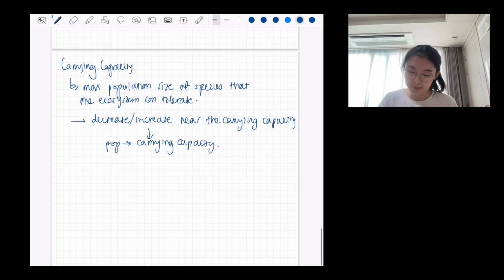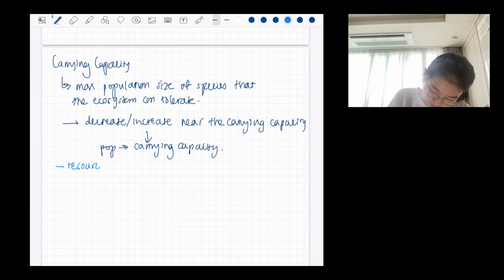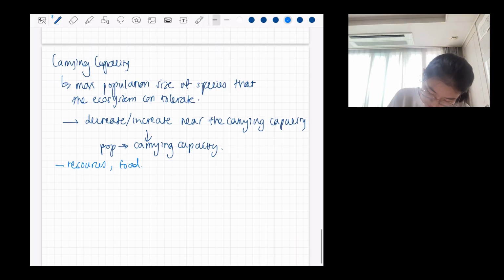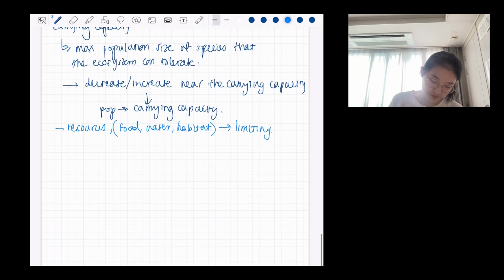And usually the carrying capacity is reached when the resources in the environment, resources such as food, water, habitat, are all used to their maximum, and these resources become quite limiting. That's when our carrying capacity is reached.